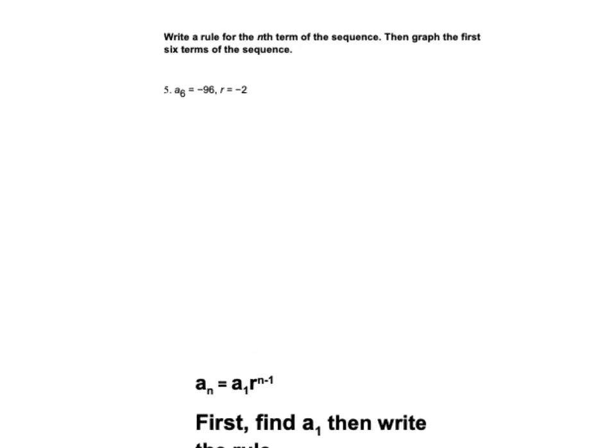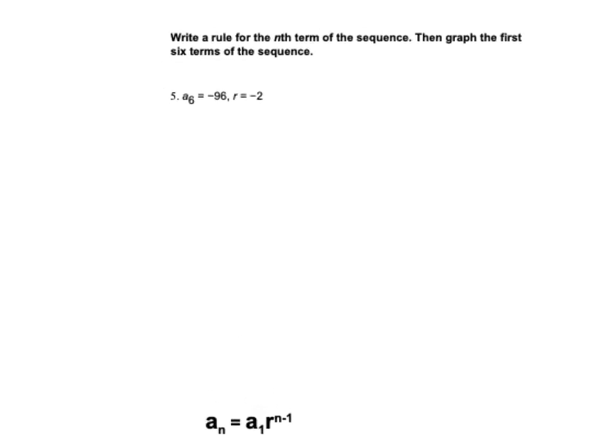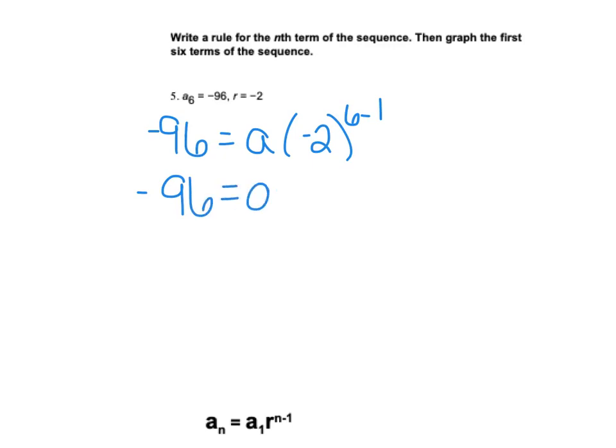So here's another example similar to that. We're just going to try the same thing again. We know that a sub n is negative 96. We don't know what a sub 1 is. We know that r is negative 2. And we're looking at the sixth term, so we're going to have 6 minus 1. So we have negative 96 equals a sub 1 times negative 2 to the 6 minus 1, which is 5, the fifth power, which is negative 32.